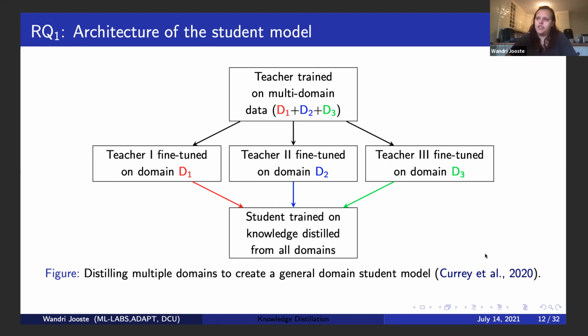Then you fine tune that teacher model on the individual domains to create domain specific teacher models. Finally, you translate each domain with the teacher that's specific to that domain, and then train the student on all those newly created training sets. And you'll have a general domain student model. But this only works well if the domains are very clearly defined.